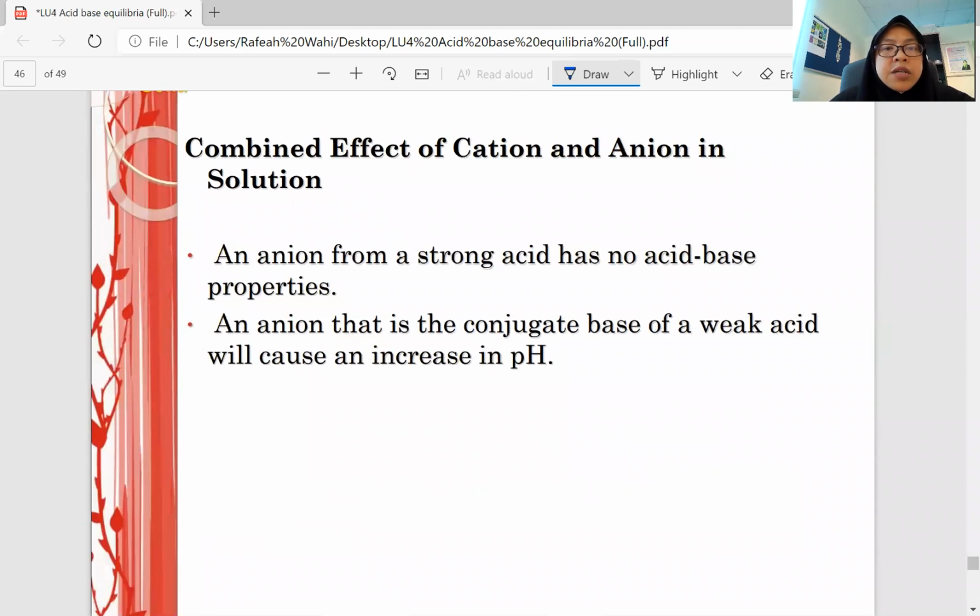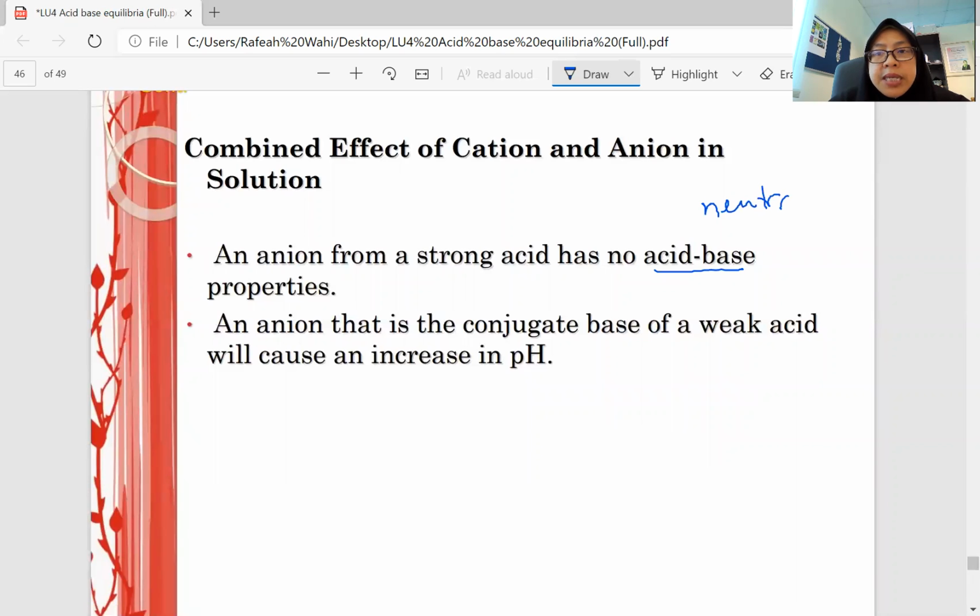Let's see what is the combined effect of a cation and anion in a solution. An anion from a strong acid has no acid-base properties. Why? Because we have learned just now that all anions from a strong acid are neutral, so they have no acid-base properties. However, anions that come from a weak acid are basic.